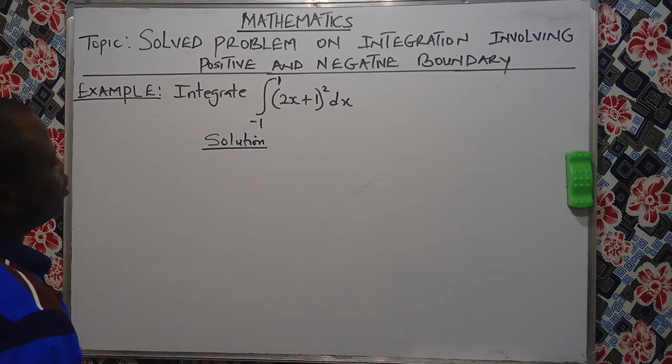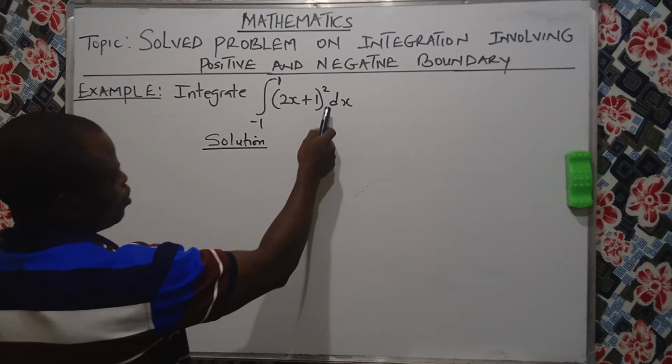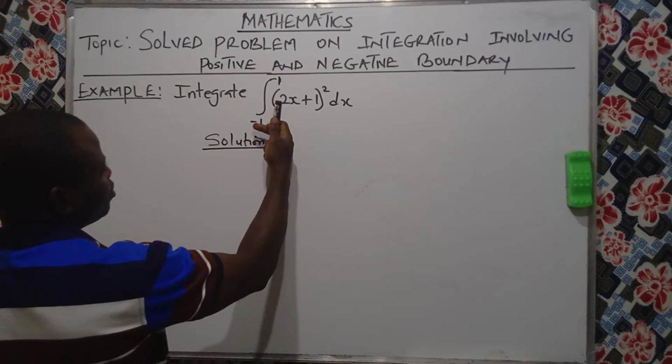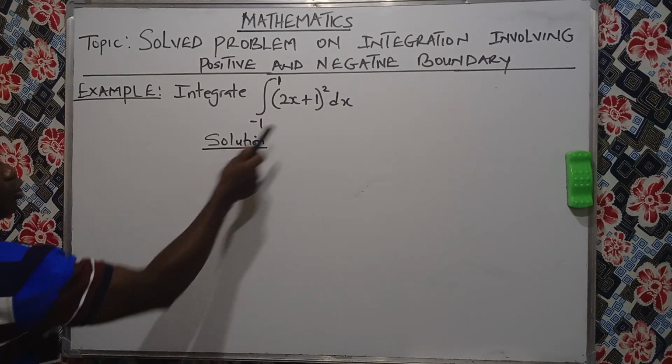We are given the integral of (2x plus 1) squared dx with the boundary from -1 to 1. Let's open this bracket.